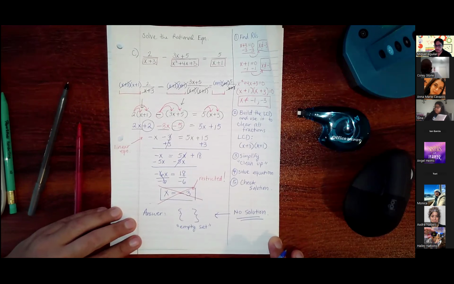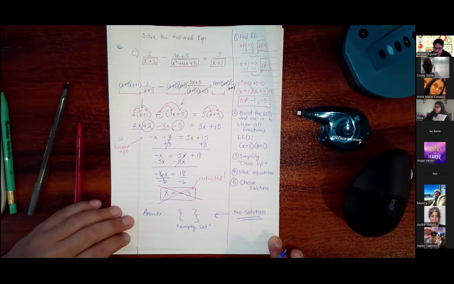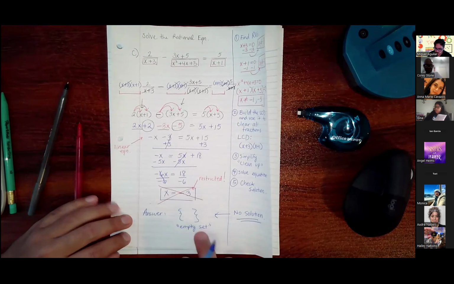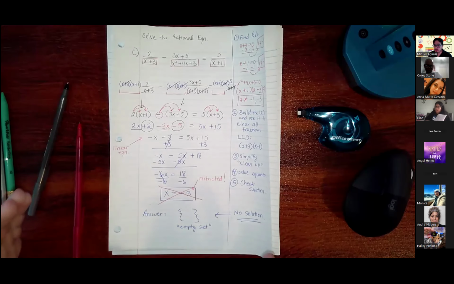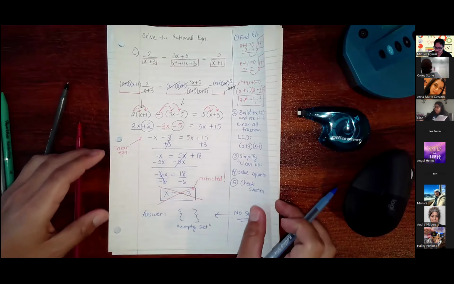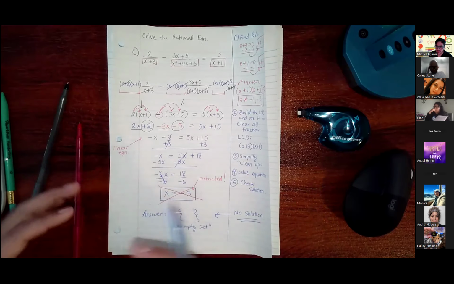So is there really a difference? Because I know sometimes it says undefined and no solution. Are those different? They are different. Okay, so no solution is when there's nothing in your solution set. Okay, undefined is when you actually divide by 0.